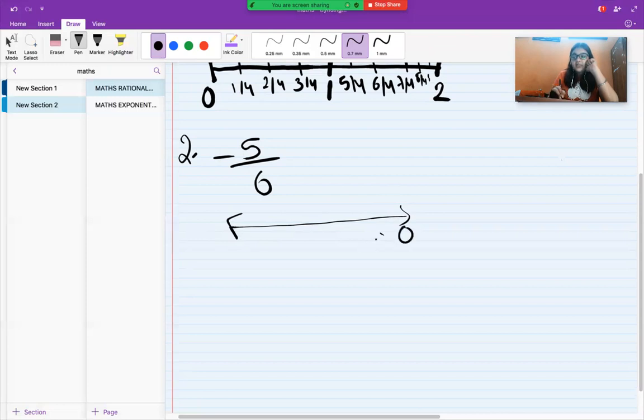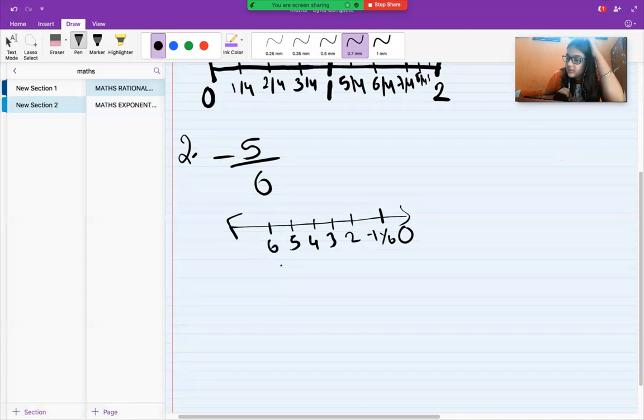0, then minus 1 by 6, then 2 by 6, 3 by 6, 4 by 6, 5 by 6, and 6 by 6, and 7 by 6, and it goes on.